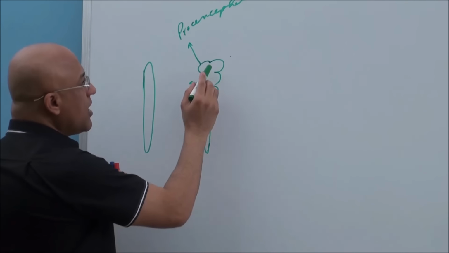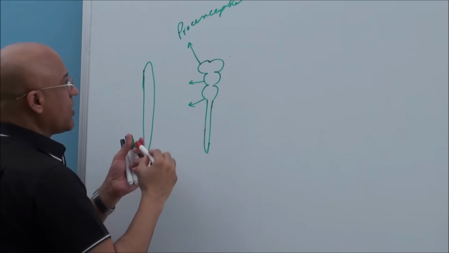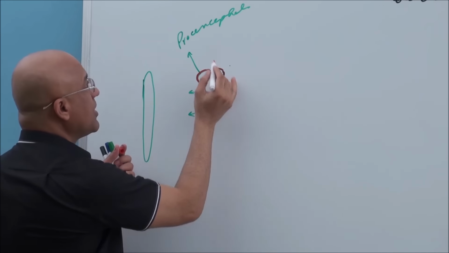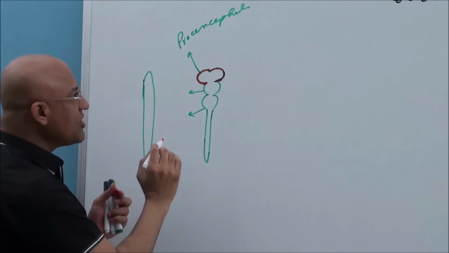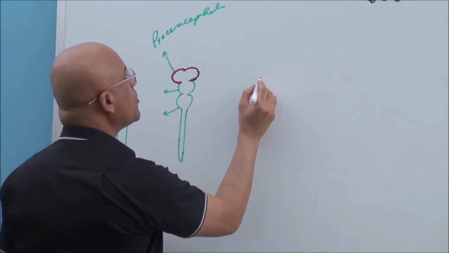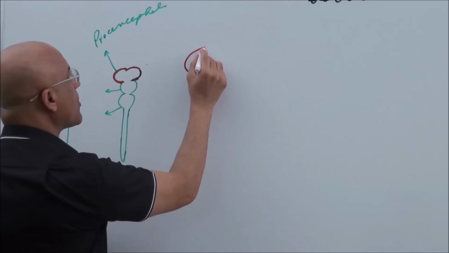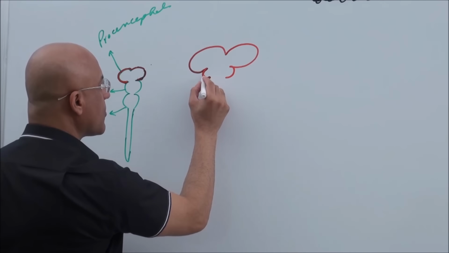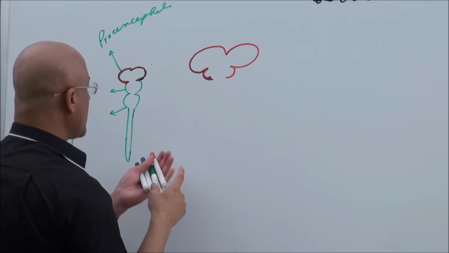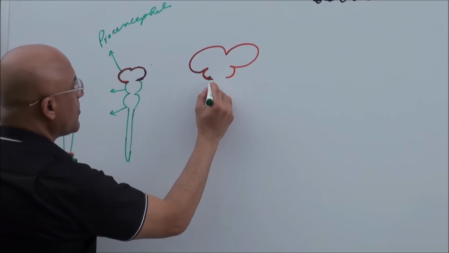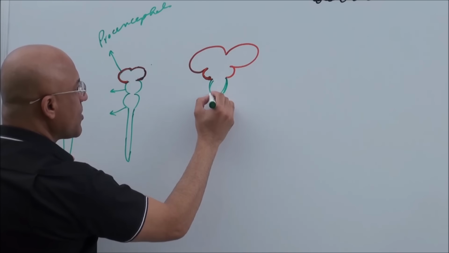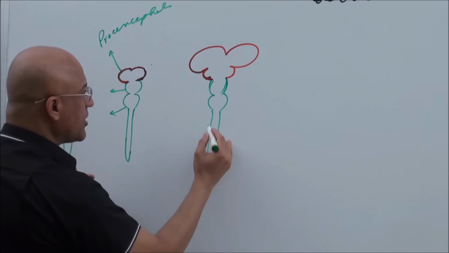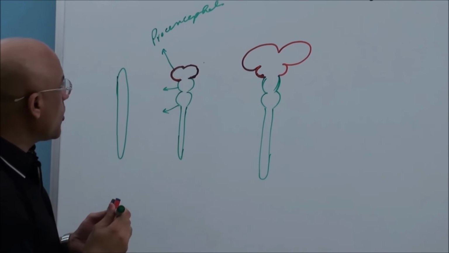Now, out of this, what is this? Prosencephalon. Prosencephalon with further development divides into two parts. And here is now your mesencephalon. And what is this? Rhombencephalon. And here is the remaining neural tube. Right? Now look at it.